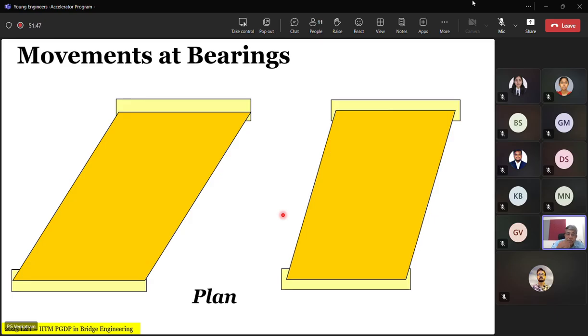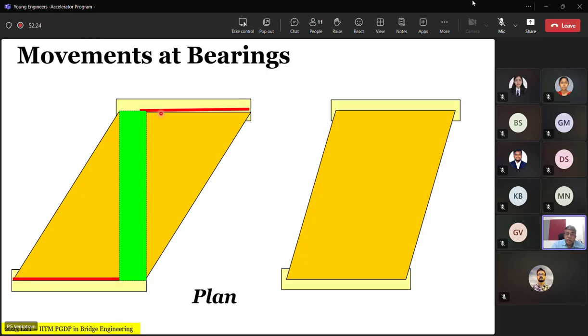So then comes the question: if we have the same span but different skews, the load spanning path becomes this green one, and the rest of it will not participate so much in the load carrying path. So significantly larger longitudinal stresses and forces will develop here, and therefore deflection will be larger here and smaller there, in which case the zone of uplift will be larger.